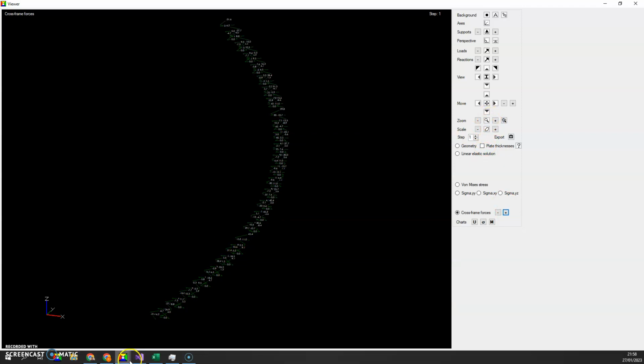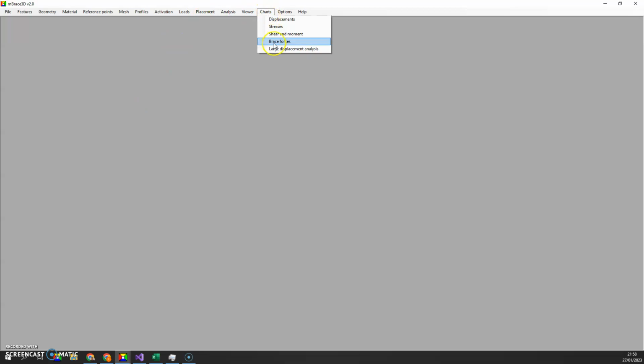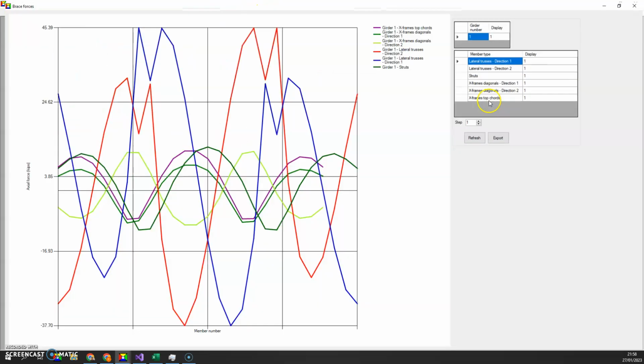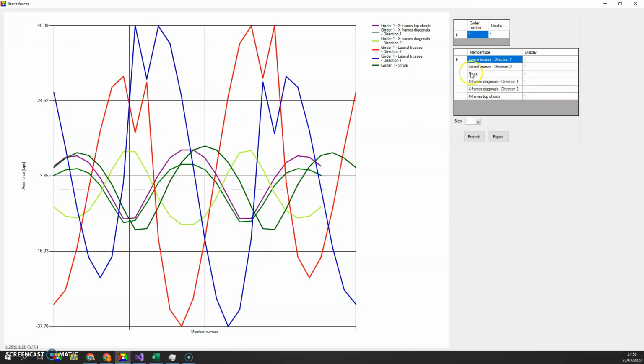So instead, we can just go here and go to charts, brace forces. And this will really tell you in just one chart where are the maximum and minimum forces on the cross frames. So here, as we said, we're interested in the lateral truss forces, the top lateral bracing.